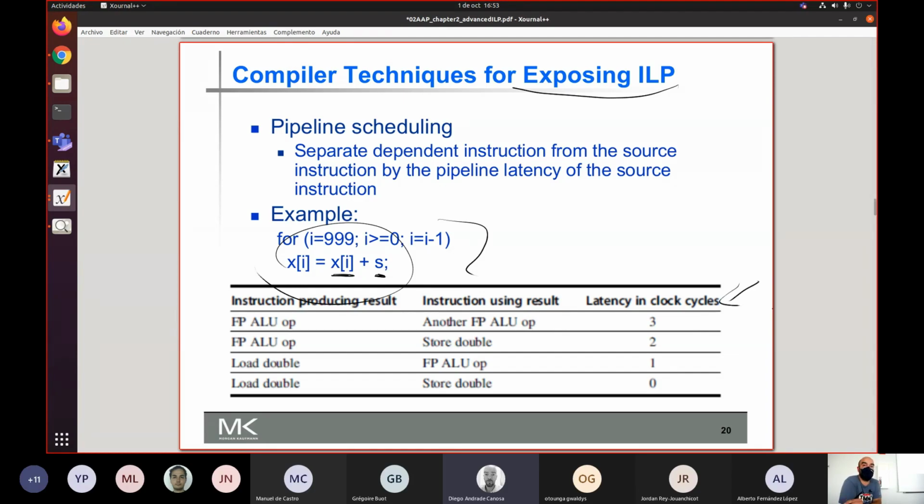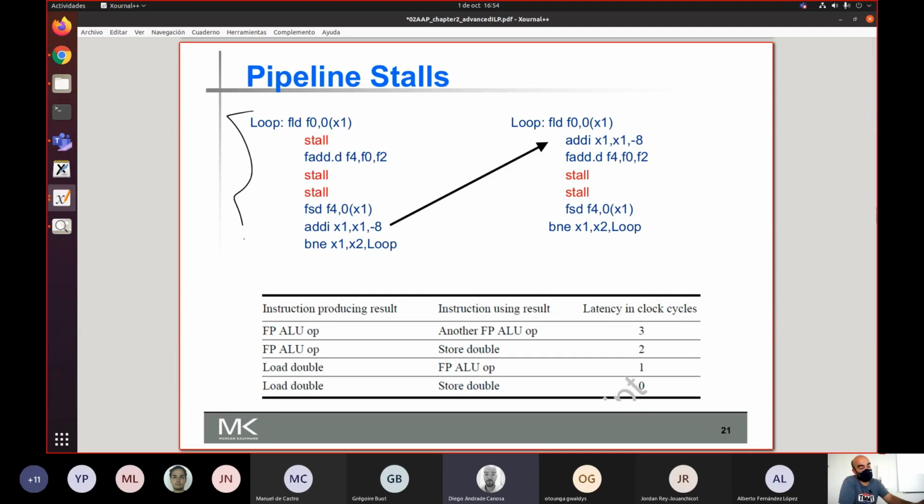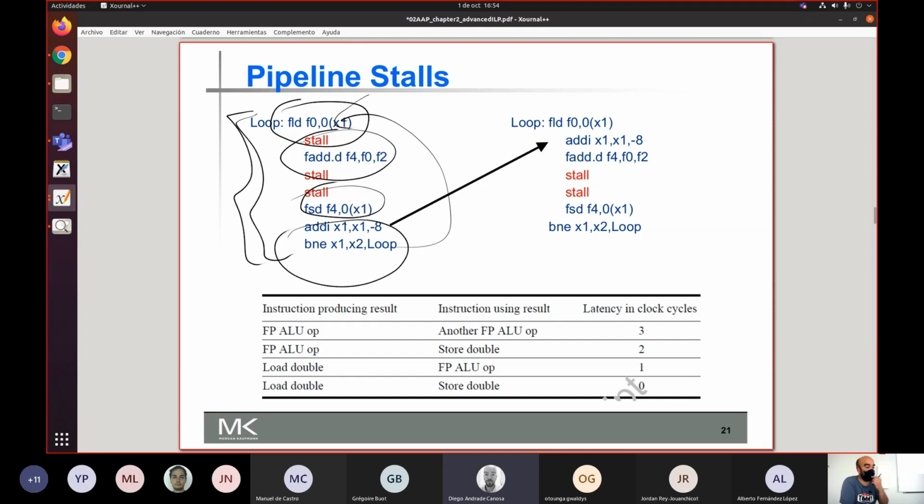So we have a loop, and at the end of the loop, we decide if we execute one more iteration of this code. We have the load, the addition, the store operation, and then the code that is used to control the end of the loop. If you think in the architecture and in these latencies that we mentioned before, you can see that we have dependencies.